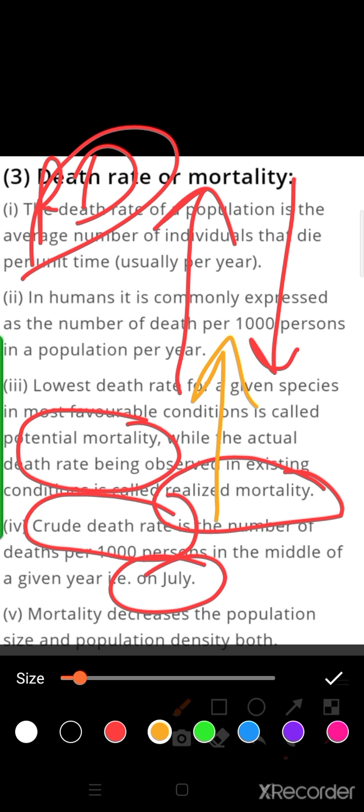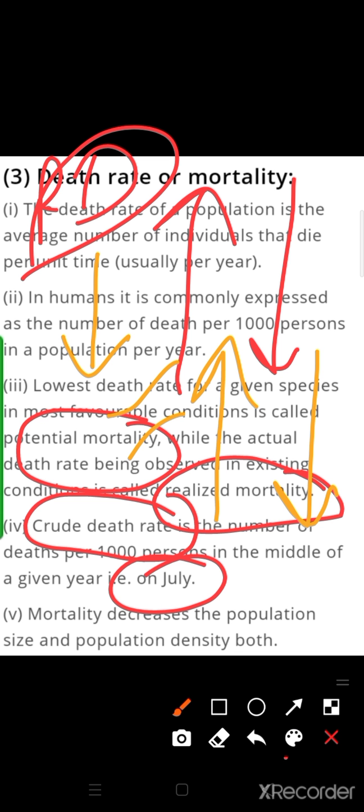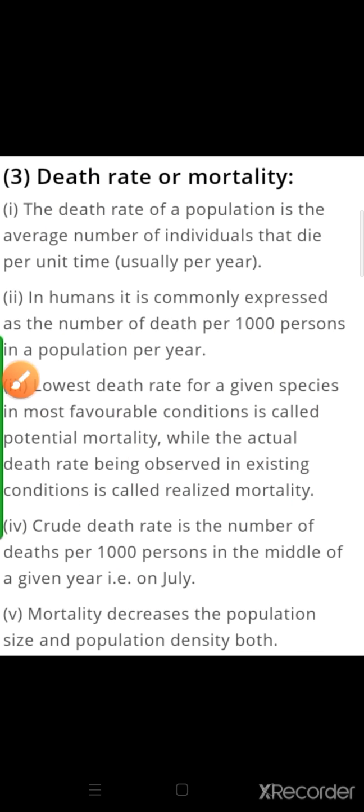Are you getting my point? If the death rate is more, population density decreases. If the death rate is less, population density increases. So mortality and natality are vice versa with respect to population density. I hope these three terms are clear.